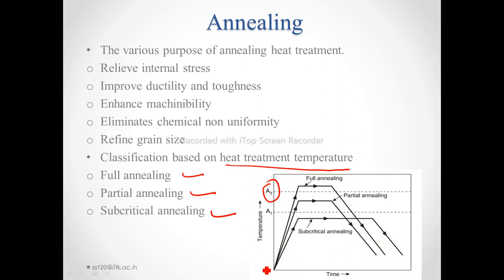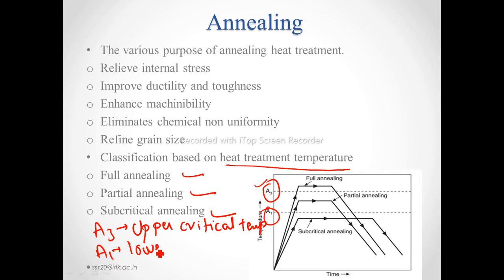Whereas in partial annealing, the heating temperature lies between the upper critical temperature and the lower critical temperature. To mention this one, lower critical temperature.